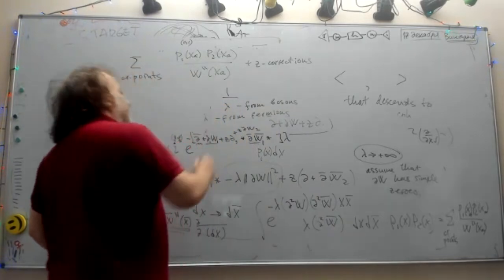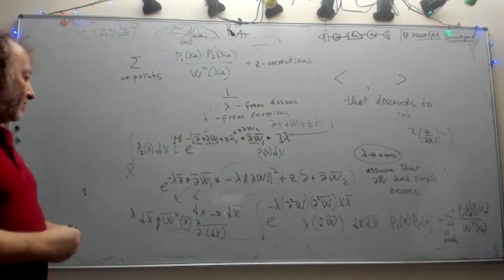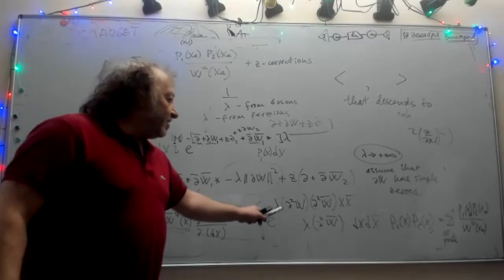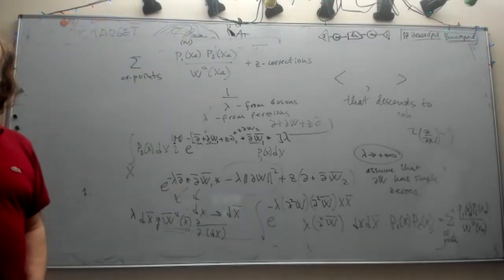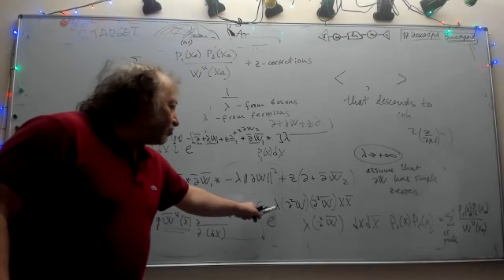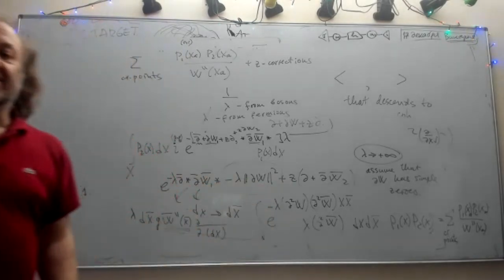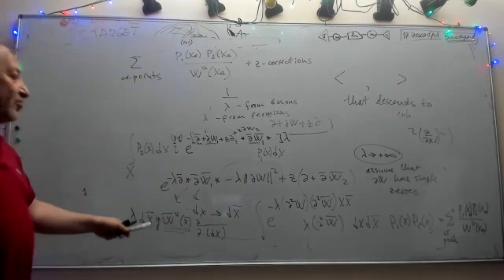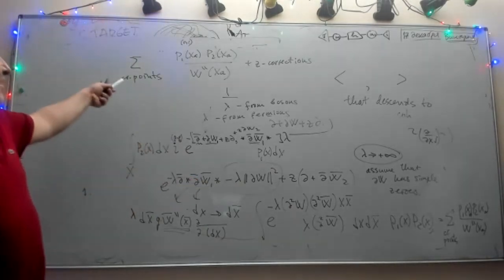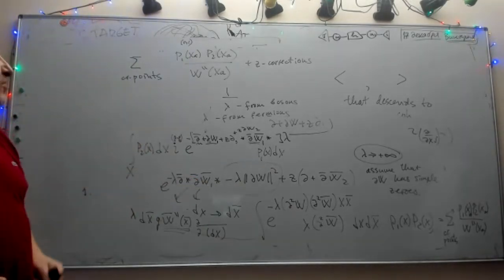And this lambda cancels. Sorry, I have lambda here from fermions. Lambda from bosons goes to the denominator. Lambda from fermions is a numerator. And it is clear that I have a general formula.